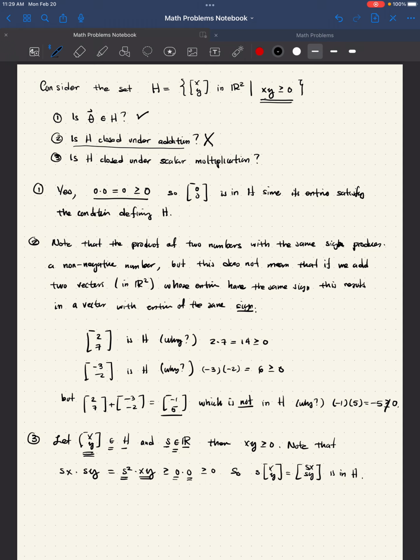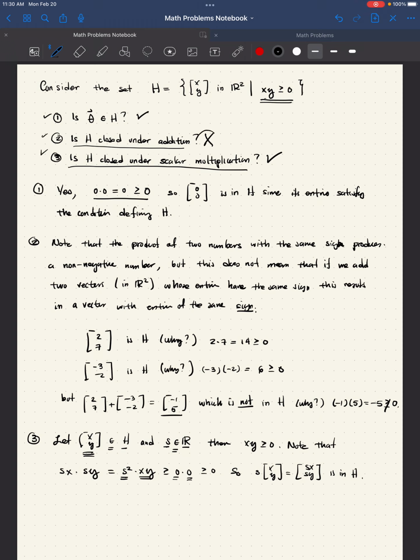So indeed, this set is closed under scalar multiplication. However, we cannot say that H is a subspace of R2 because it's not closed under addition. For a set to be a subspace, you should be able to answer all these questions affirmatively.